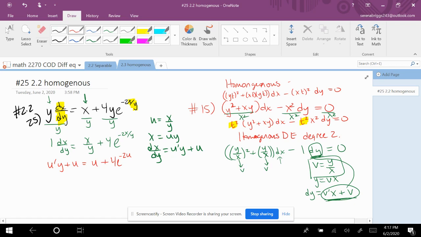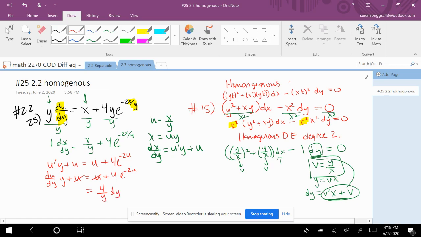Remember that u prime is du over dy. And with the u's on both sides, conveniently, those disappear. If I divide both sides by y, I have 4 over y, and multiply by dy.